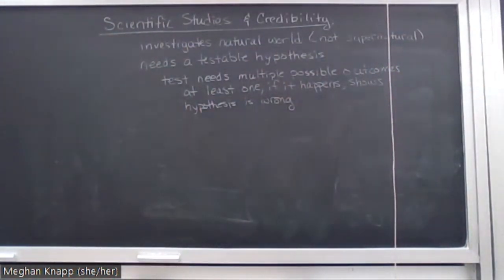So if I'm testing a medication and I'm saying this medication cures cancer, let's say it cures nose cancer. If I give this medication to a bunch of people that have nose cancer and not a single one has any kind of improvement, in fact, a bunch of them get worse, that is an outcome that says, yeah, your hypothesis was wrong.